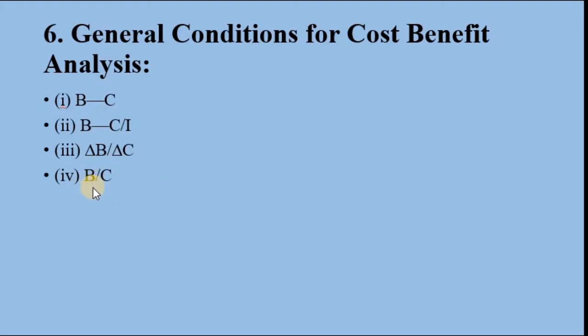If B by C, that is the ratio, is less than 1, benefits are less than the cost, then this project is rejected. If B by C is more than 1, the project is profitable. The higher the ratio, the more profitable that particular project.